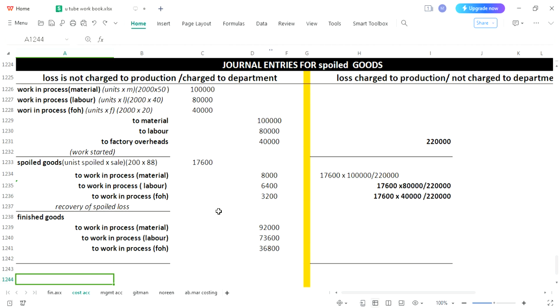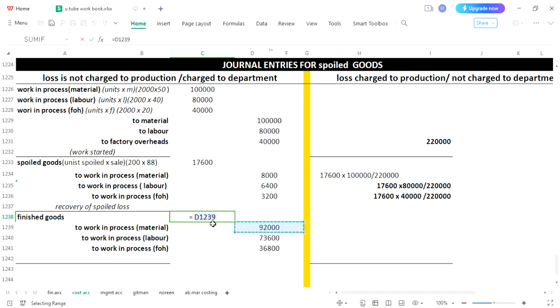Okay, now what is the final touch? You need to write the amount of finished goods, which would be the sum of the credit side. As you know, a simple accounting principle is that debit and credit side would always be equal. So what you will do, the sum of these three amounts would be written over here. So 92,000 plus 73,600 plus 36,800.